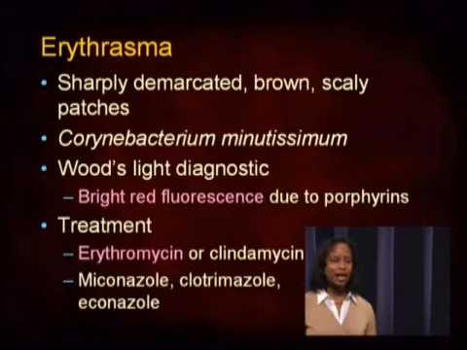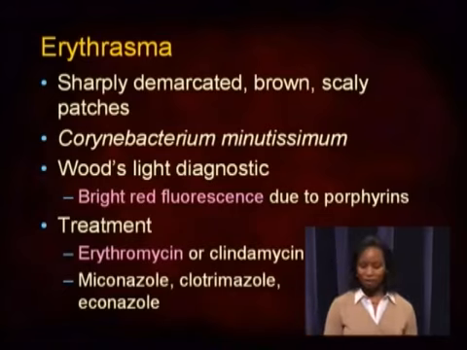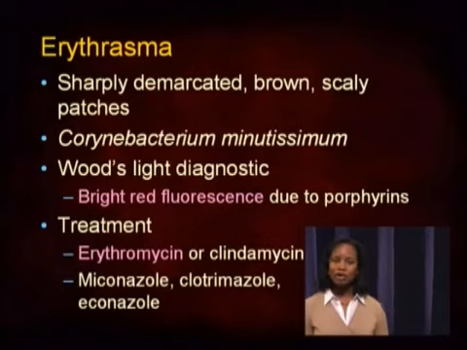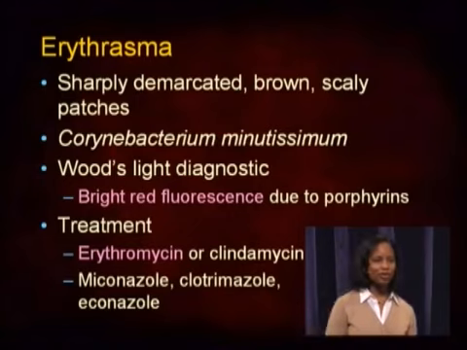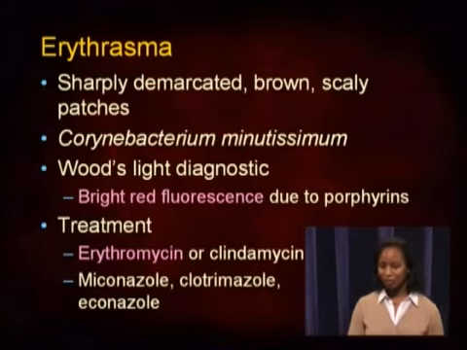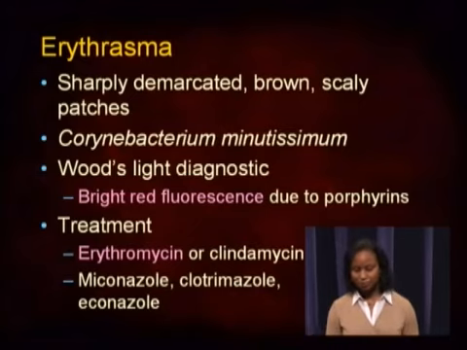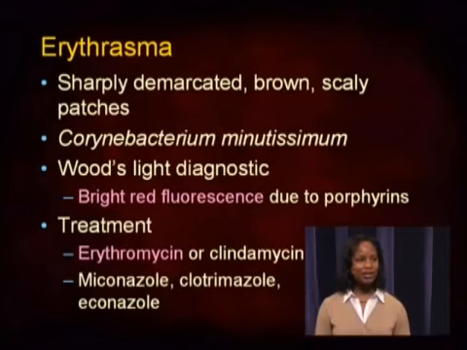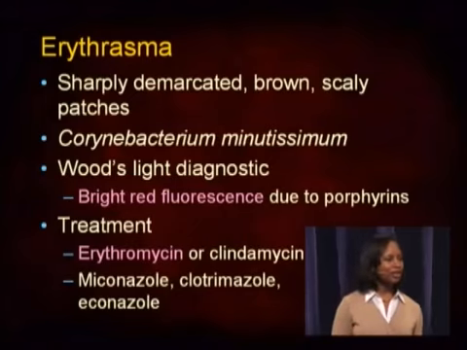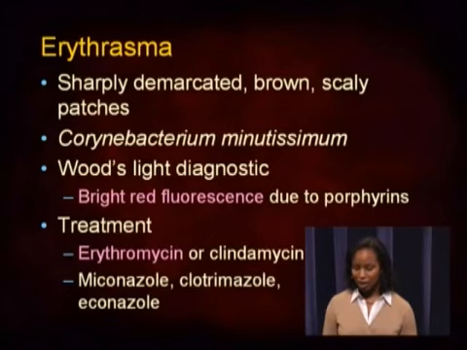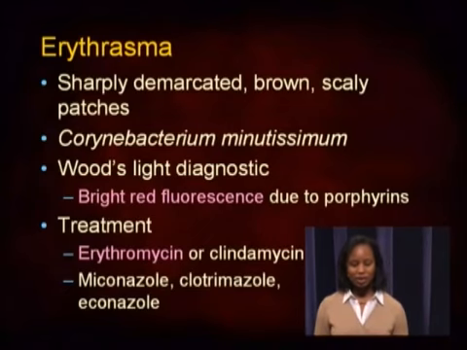Best treatment for it is topical antibiotics, particularly erythromycin, or you can use clindamycin. And for people who are not so sure and treat it as a fungal infection, sometimes you can get lucky because it does respond to some topical antifungal agents that you see listed here. So again, a bacterial infection, treatment of choice here is topical erythromycin, but does respond to antifungal agents as well.